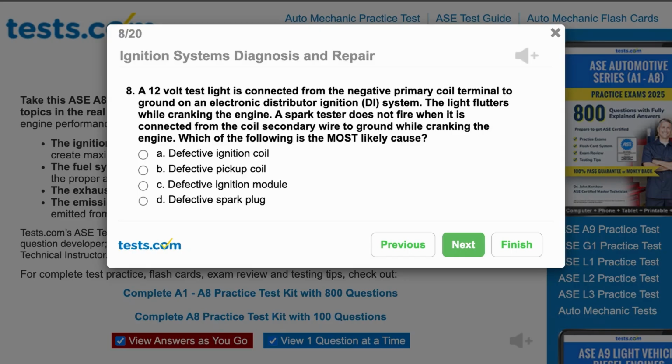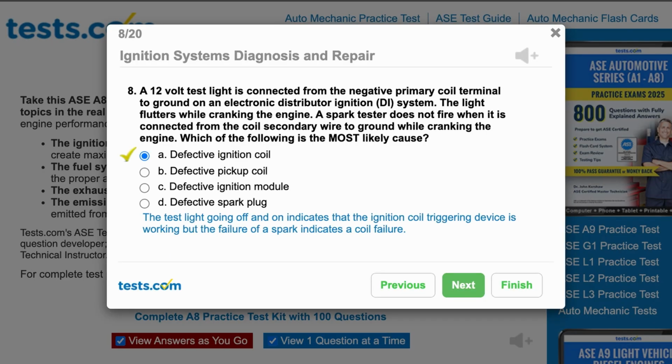A. Defective ignition coil. B. Defective pickup coil. C. Defective ignition module. D. Defective spark plug. A. Defective ignition coil. The test light going off and on indicates that the ignition coil triggering device is working, but the failure of a spark indicates a coil failure.